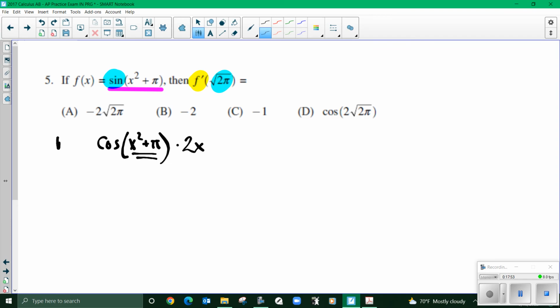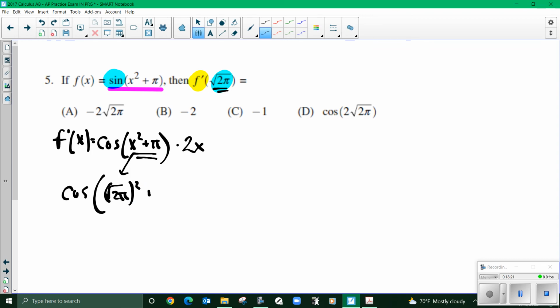That is f prime of x. Now I need to figure out what's that exact value when x is the square root of 2 pi. So I've got the cosine of x squared. In for my x is the square root of 2 pi.